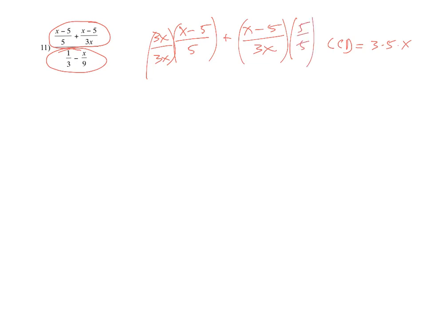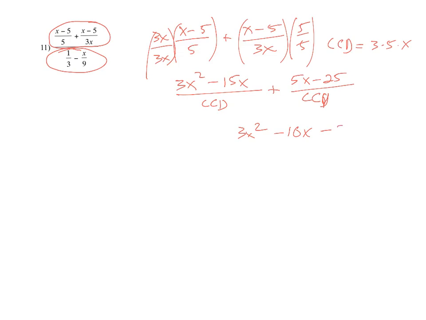When we do that, we're getting 3x squared minus 15x over our LCD plus 5x minus 25 over our LCD. We need to combine all this stuff together. So 3x squared, negative 15x plus 5x is negative 10x minus 25.